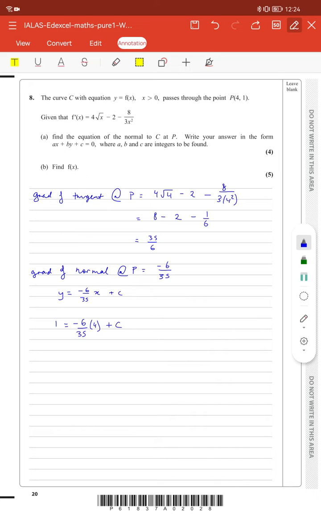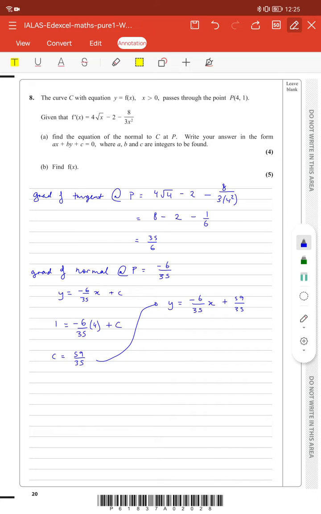And we would get c is equal to 59 over 35. So we get y is equal to minus 6 over 35x plus 59 over 35.